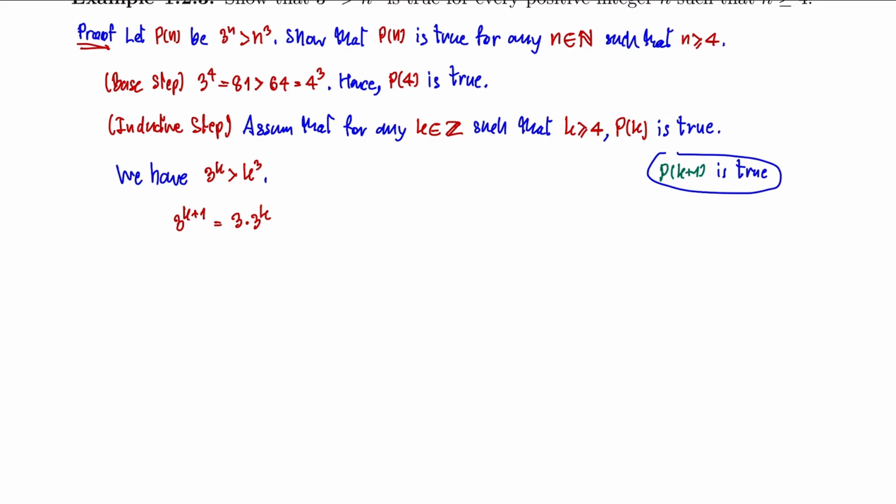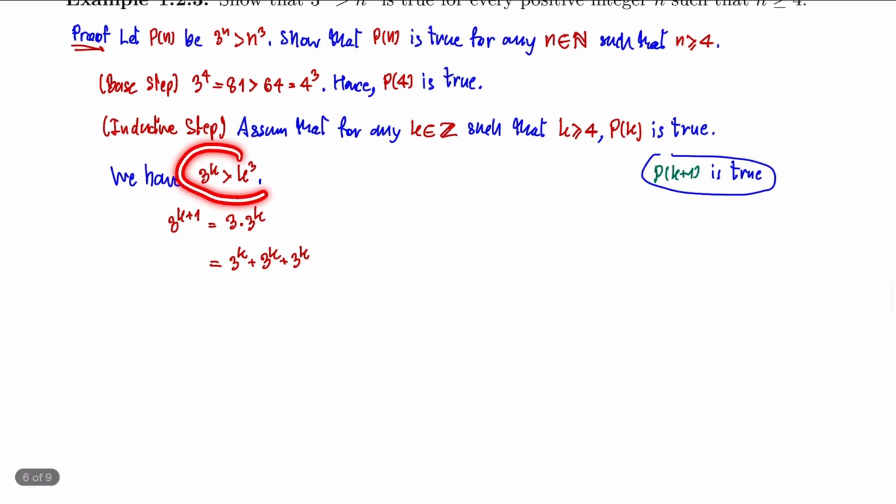This means that we have 3 terms of 3 to the k. So you might just use this one: since we have 3 to the k greater than k cubed, we have k cubed plus k cubed plus k cubed.